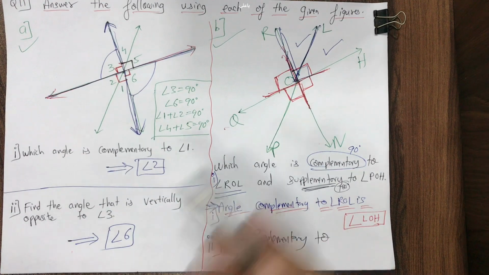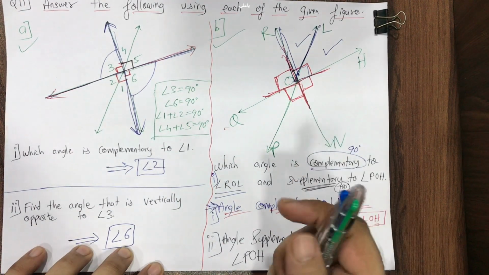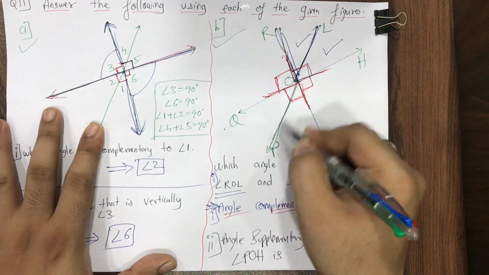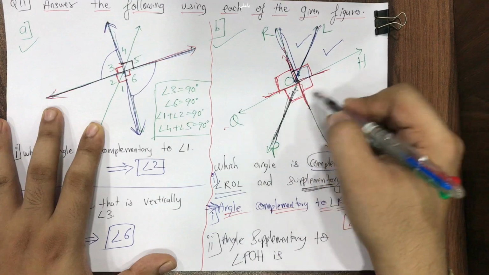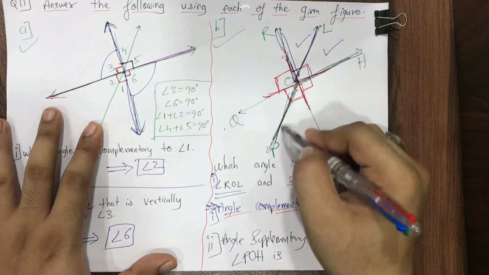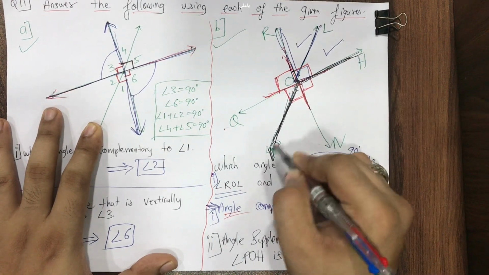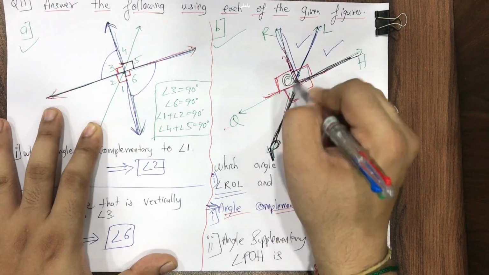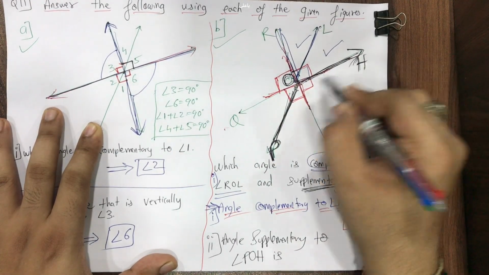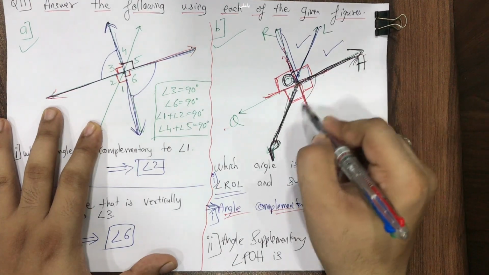Where is POH? Please see, hunt for POH. Pay attention students. Now with the black color I am doing, see this is my P, can you all see this? POH, this is my angle. With the black color, please see the pen. This is my POH, this is P, this is O, and this is H. With the black color I have highlighted POH, this is angle POH.